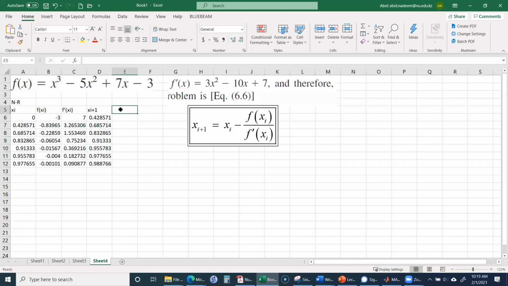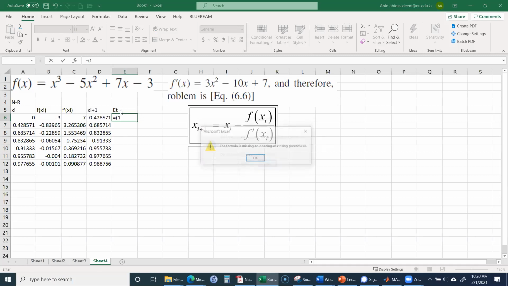And what is the true error? For this we know that the true solution was 1. So the true error will be 1 minus the estimated value, divided by 1 and times 100.